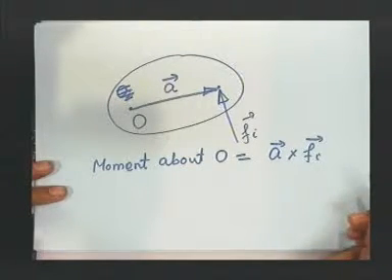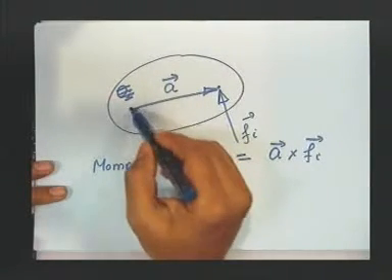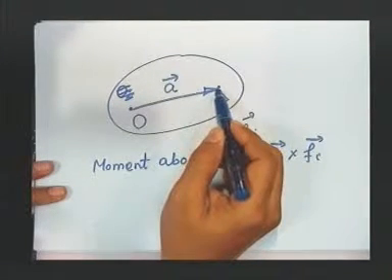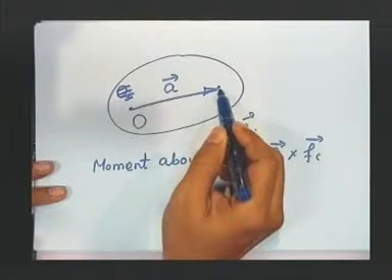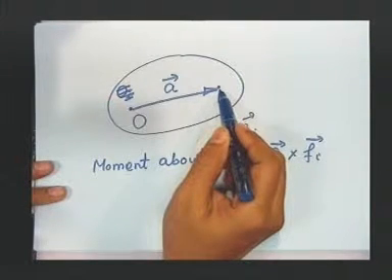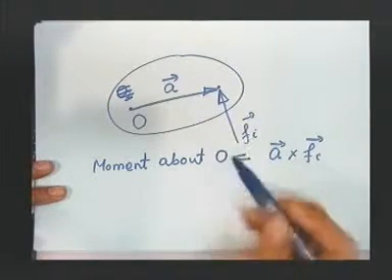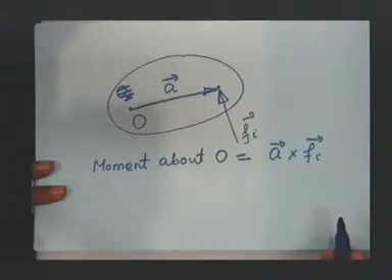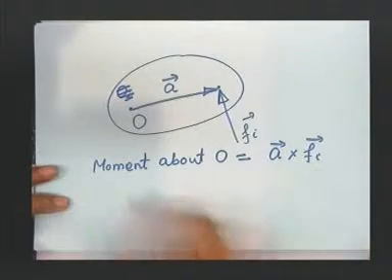Okay. So, first we go to the point of application, which is my vector A, and at that point of application a positive force f_i. So, moment about O is equal to A cross f_i. This can be very simply checked.